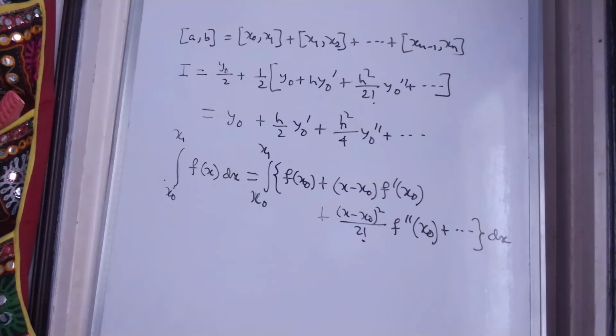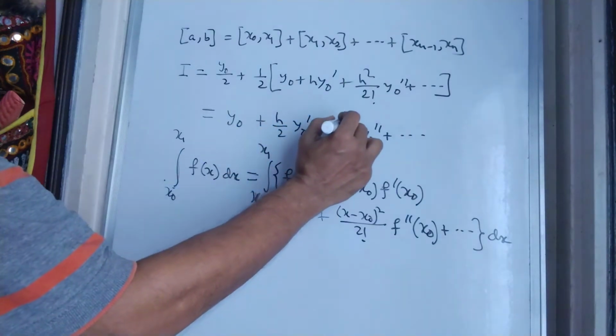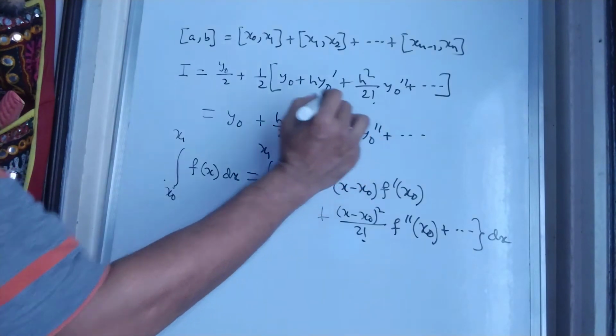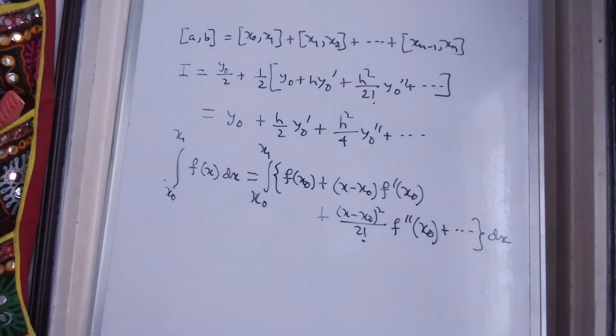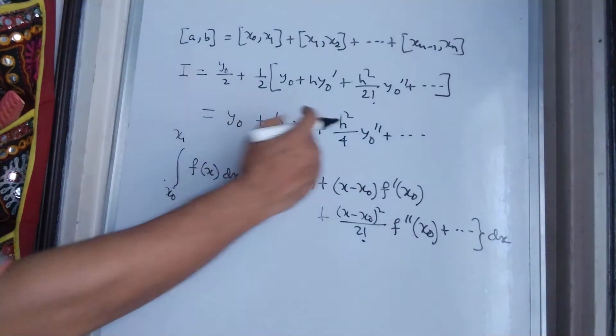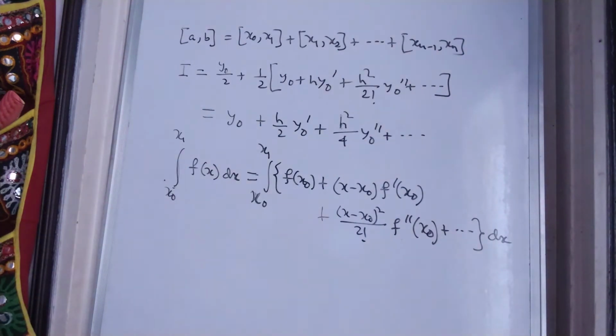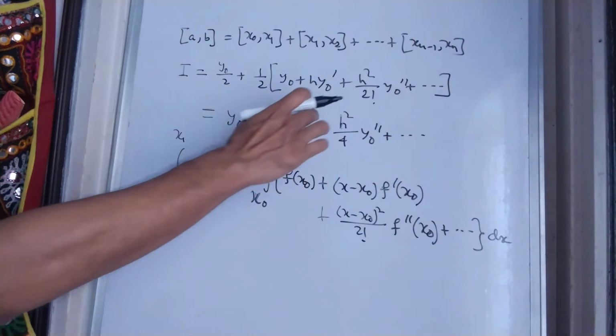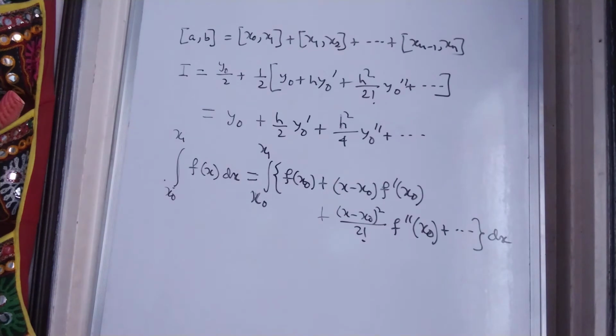Whenever we tend to evaluate the error involved, since we are concerned with the trapezoidal rule, we tend to ignore the values beyond h square, simply because h cube, h to the power 4 and higher orders are negligible, h being very small.